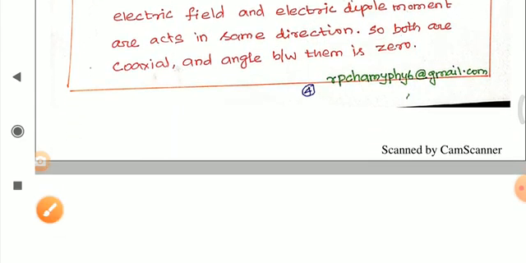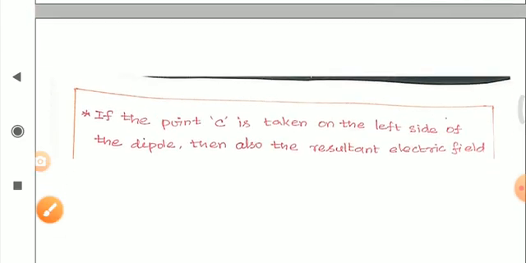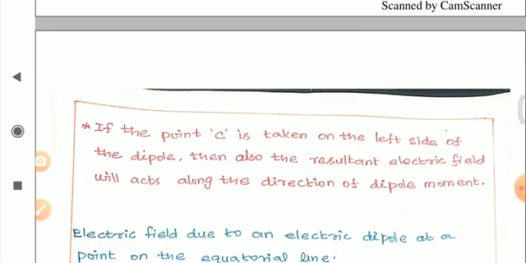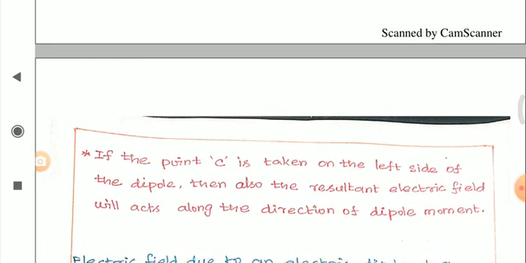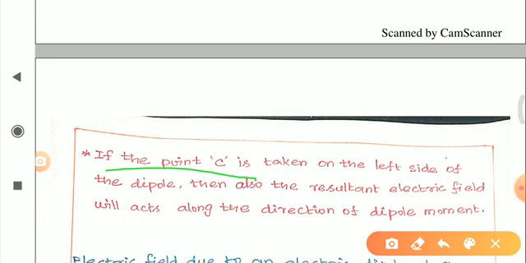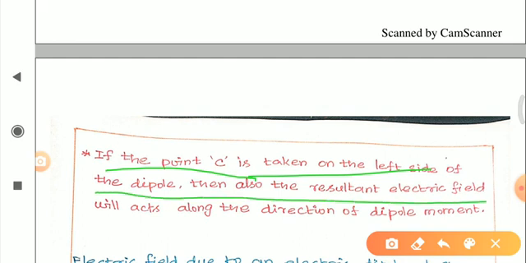Right, one more point is there. Now if the point C is taken to the left of the dipole, what will be the direction of the electric field? In that case also, electric field and dipole moment will act along the same direction.